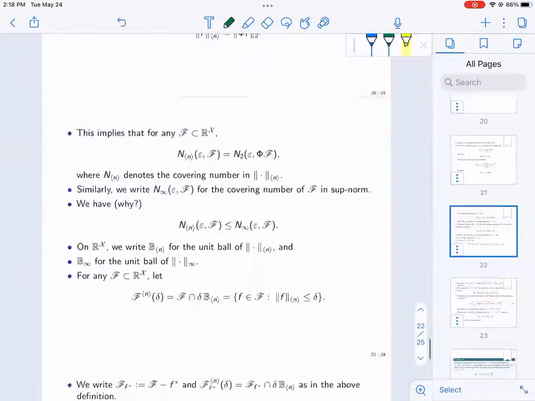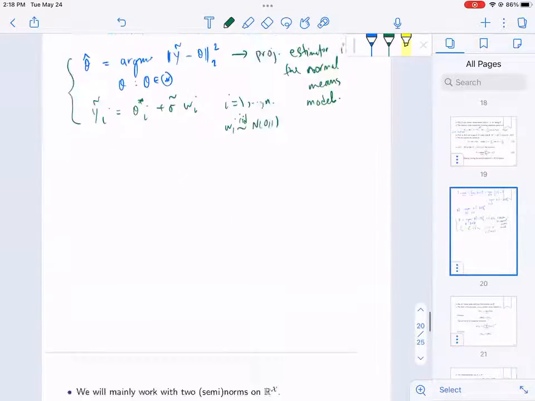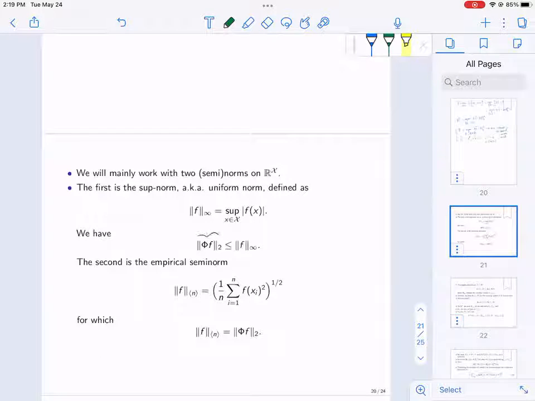So if you go back to the setting that we have here, we're going to work with these two semi-norms on the class of functions. One is the uniform norm, also known as sup norm, or infinity norm, which is the maximum absolute value. And then we also look at this norm, which is the L2 norm of this vector.